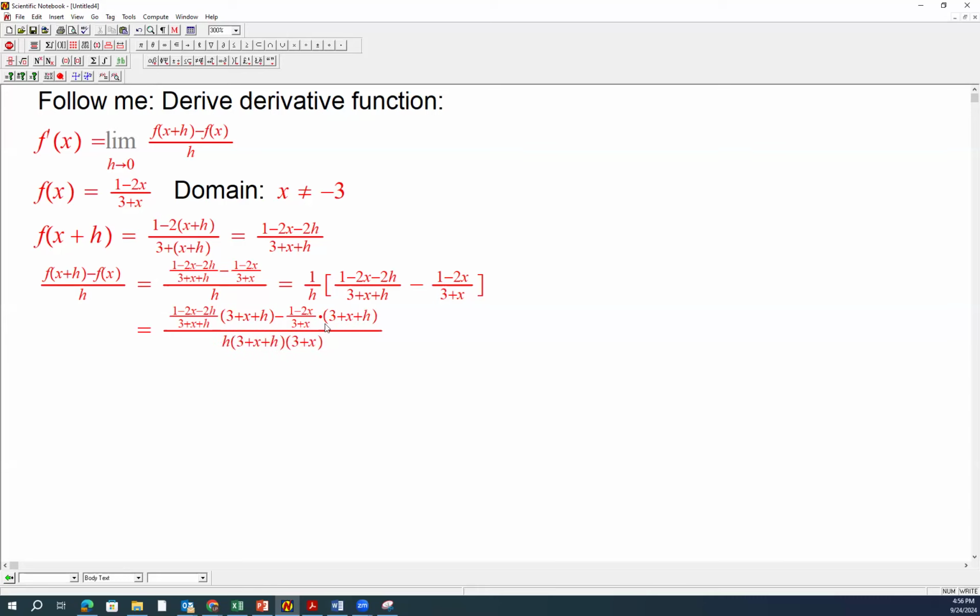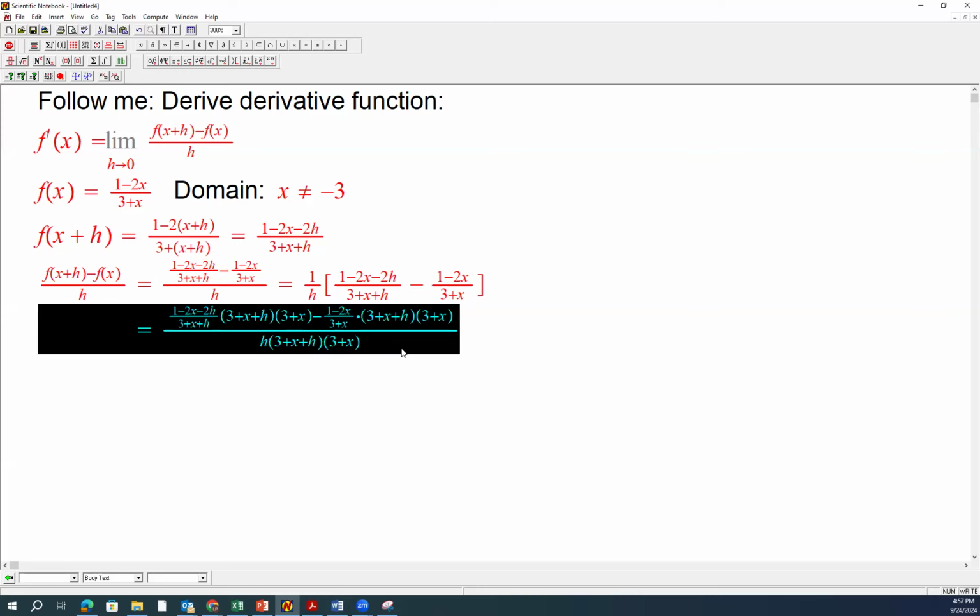And 3 plus x. Don't forget that. I almost forgot it. The whole of the common denominator. And usually you can just reduce it. This piece will reduce that piece.